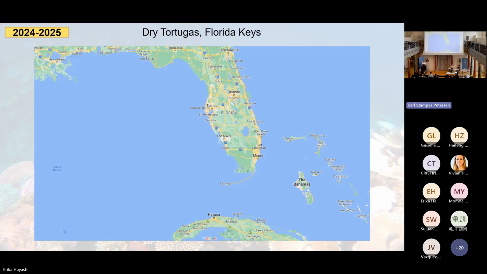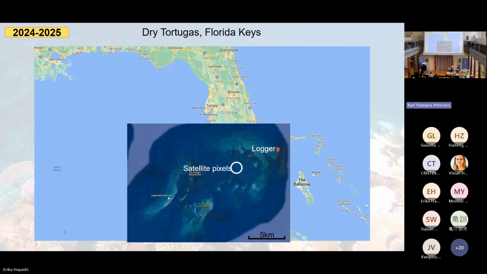So I'm going to give you a look into some of the results we've had. This is going to concentrate on two sites. One, Florida Keys. Dry Tortugas is right at the end of the Florida Keys. So the satellite pixel, note the 5 kilometre scale down in the bottom right.